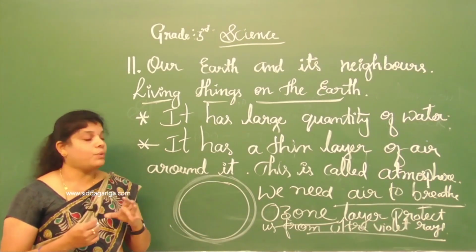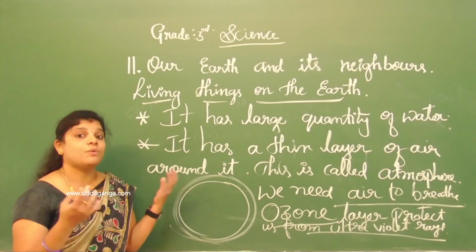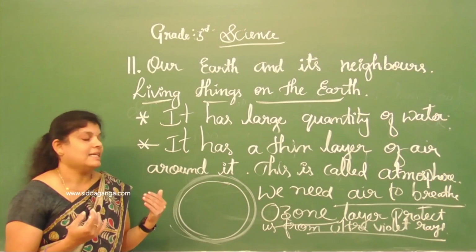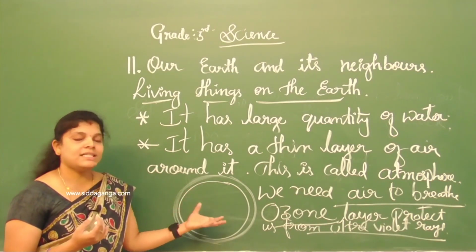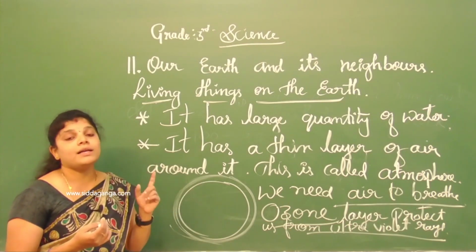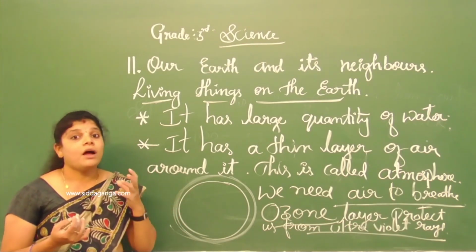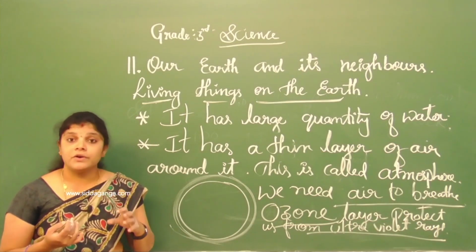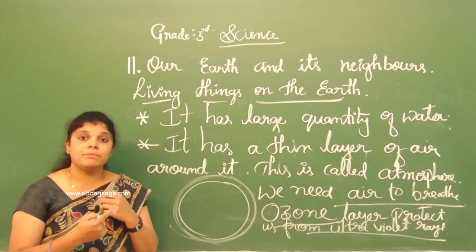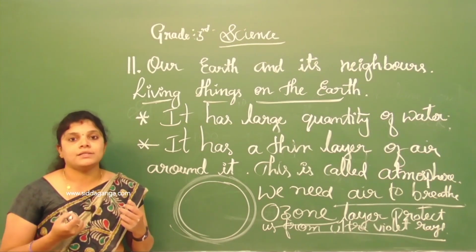But see this ozone layer. See, this ozone layer is also one of God's gifts to us, because this ozone layer protects us from ultraviolet rays. So what does this ozone layer protect us from? Ultraviolet rays. See, if ultraviolet rays fall on us, what happens? It causes deadly cancer disease.